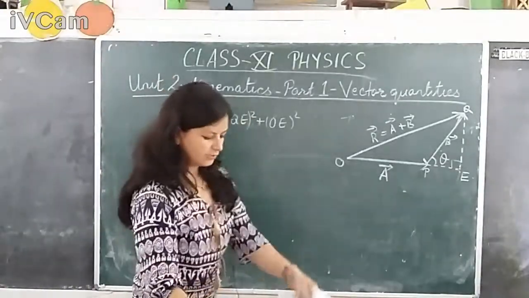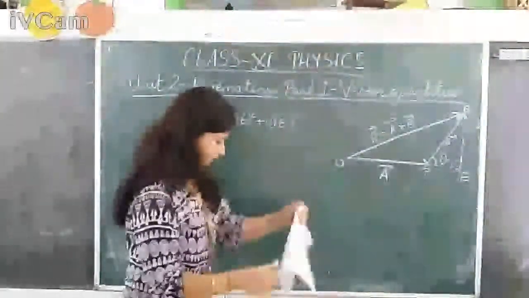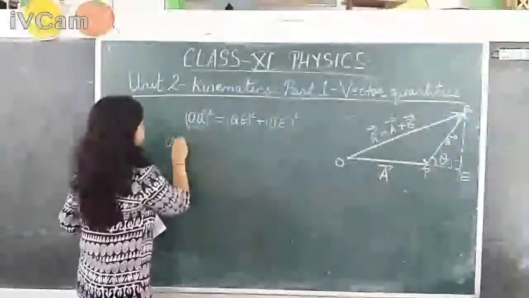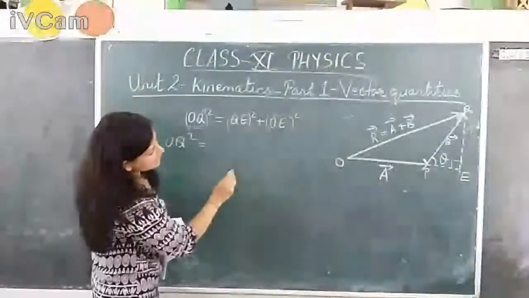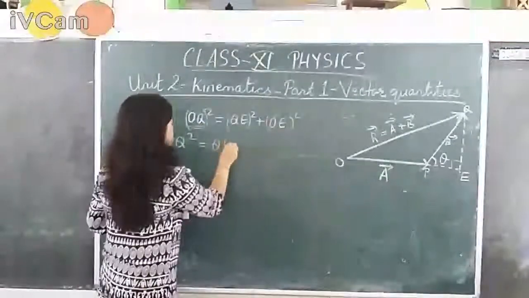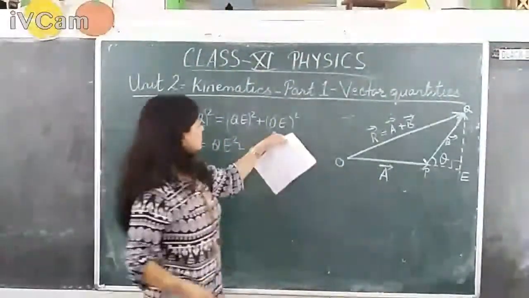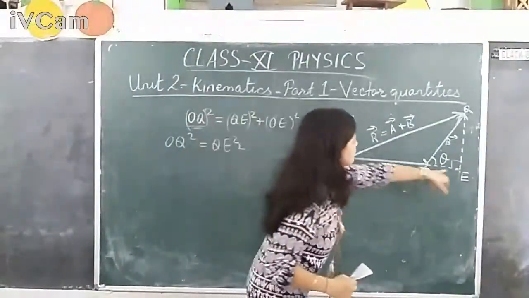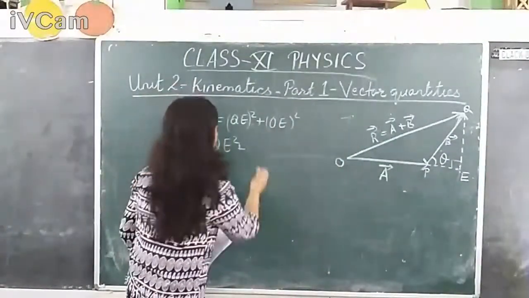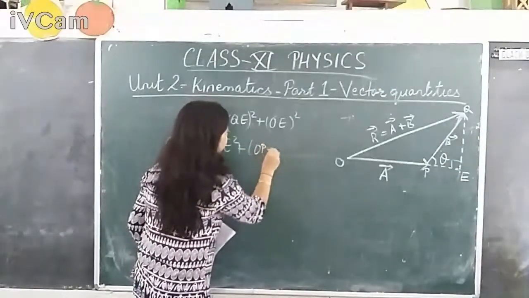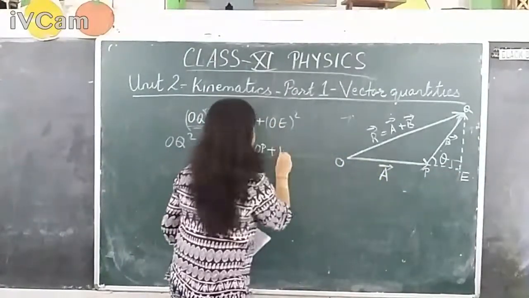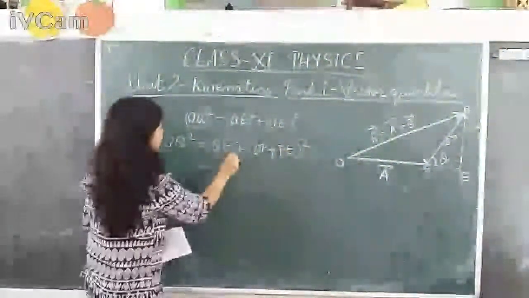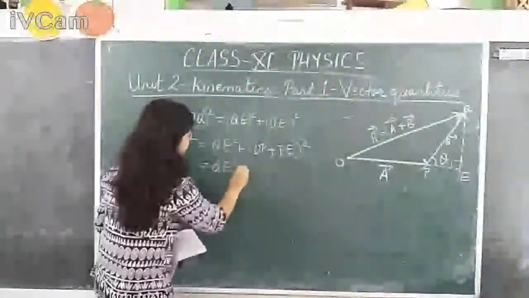OE square plus OQ square, I'll just copy as it is. OQ square is equal to OE square plus QE square, nothing to be done there. Now I can just write this OE square in terms of OP plus PE, because it is an addition of two lines together, so OE happens to be OP plus PE, whole square, plus QE square.